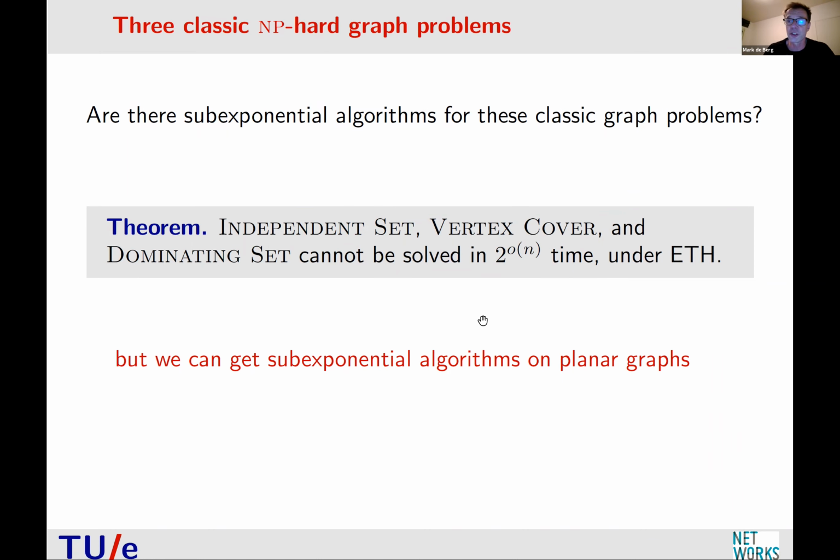And it's actually quite simple. It uses the planar separator theorem. And after that, I want to talk about how you can also get sub-exponential algorithms for certain geometric graphs, and that will require a generalization of the planar separator theorem that is actually quite nice and powerful.